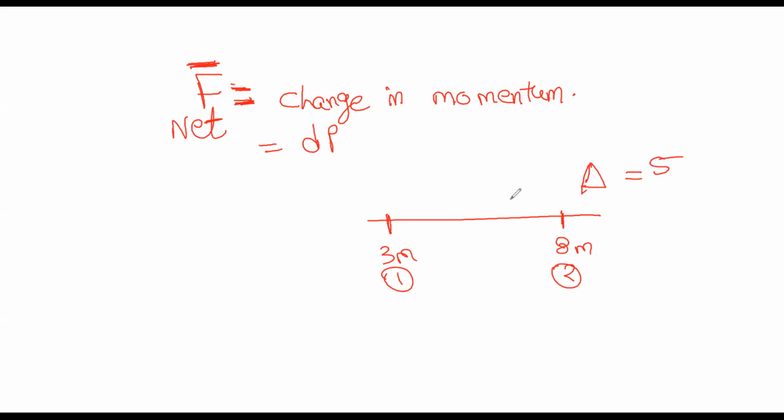The same thing, if you want to measure the difference for a very minute length or a very minute difference, instead of taking delta, you have to take it as d.